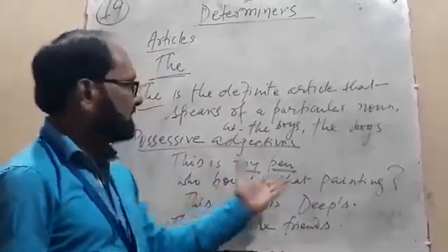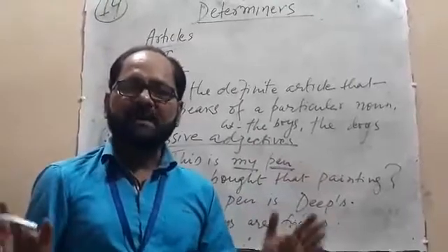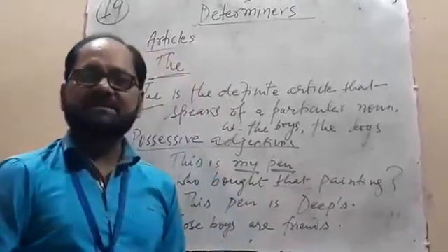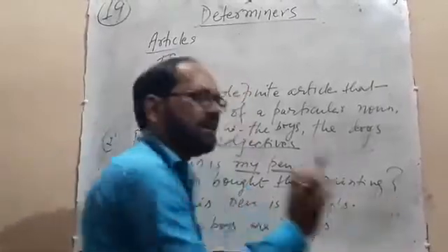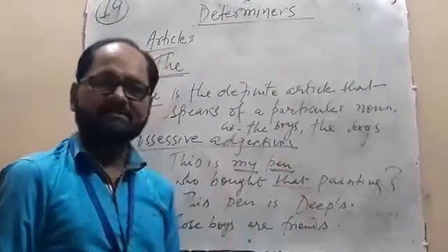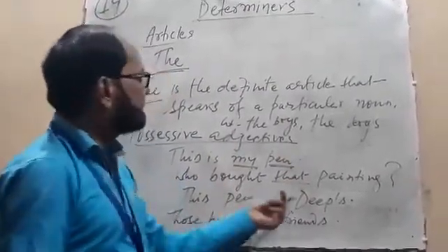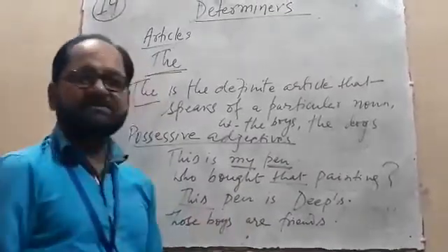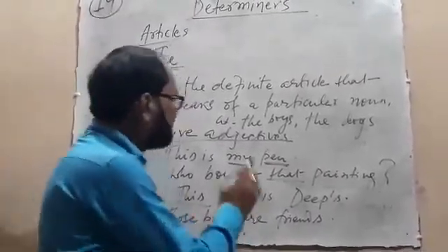Who bought that painting? Here, that is a demonstrative adjective. Painting is a noun. So, that is a determiner. This pen is Deep's. Here, this is followed by pen.